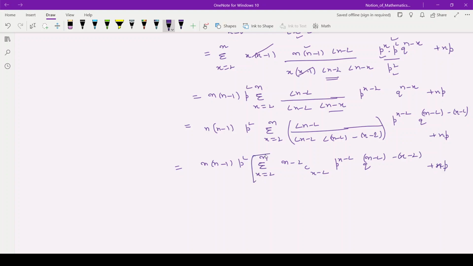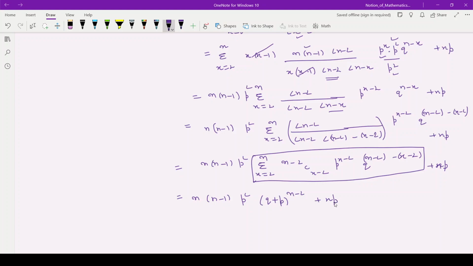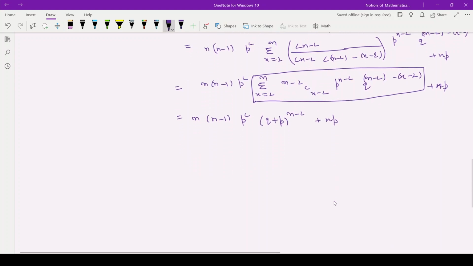So now students, this whole term is treated like q plus p whole power n minus 2. So that is n(n minus 1) p square and q plus p whole power n minus 2, plus np. And we know how to tackle this term, q plus p is 1, so 1 to the power n minus 2 is ultimately 1, so plus np is here. So this, students, is the expectation of x square.